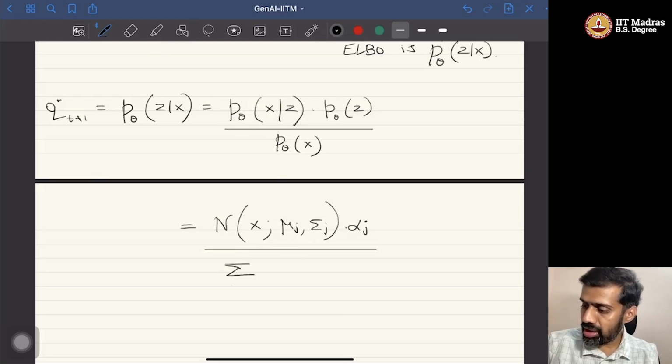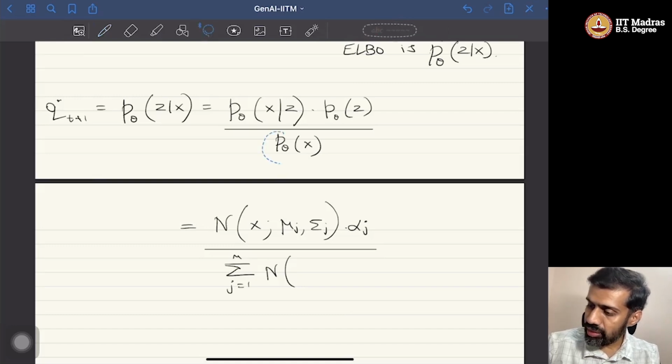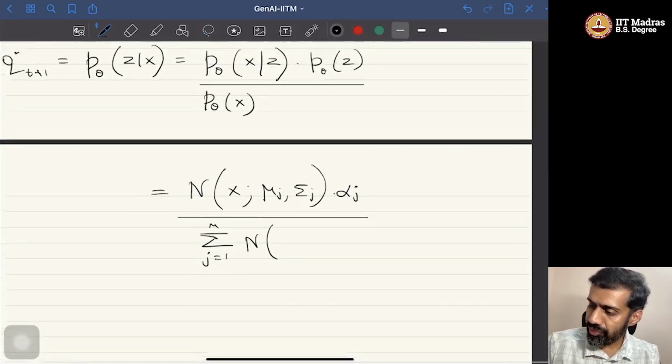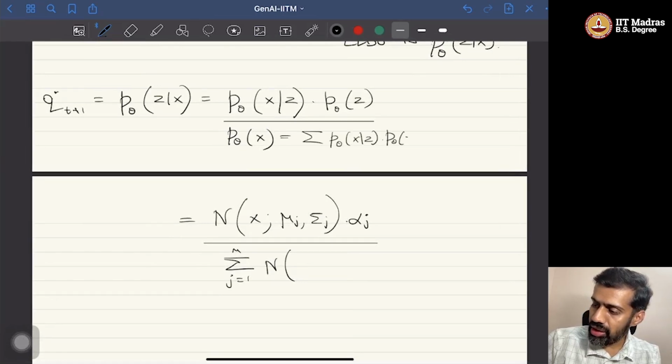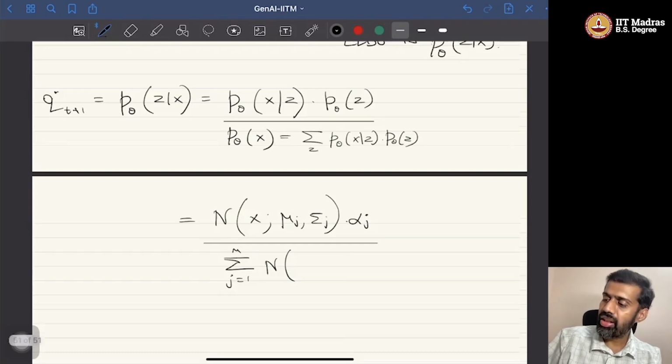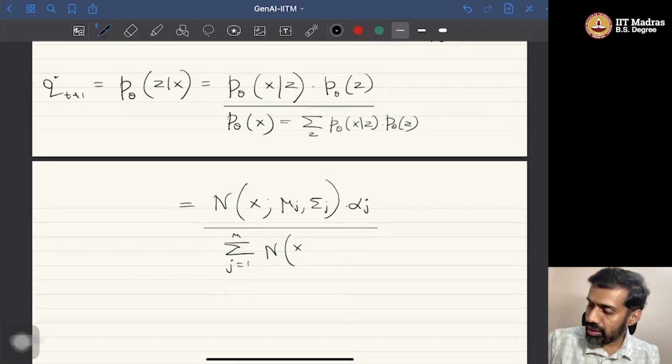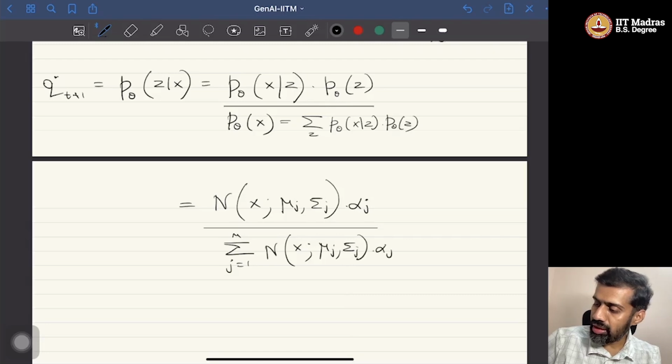It is given by, let me just write it, p theta of x, which is equal to the sum over z of p theta of x given z times p theta of z. This is over z. Okay, this is the definition anyway. So which is given by the sum over j equal to 1 through m of the normal distribution of x at mu j and sigma j times alpha j, right?